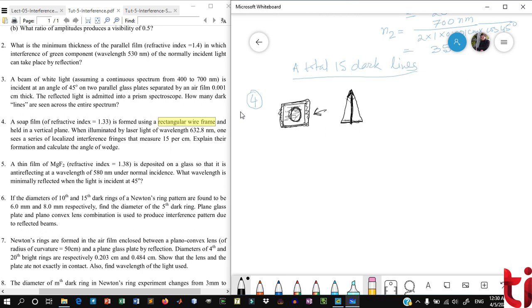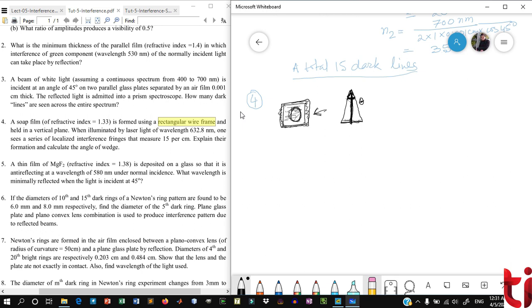So the film would form like a wedge in between, as it is held by this frame here, and let's say that wedge angle is theta. Our aim is to find how much that wedge angle would be.